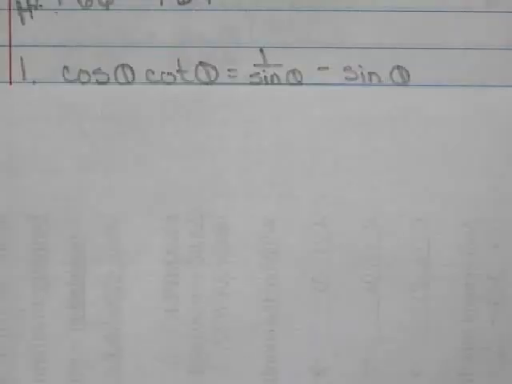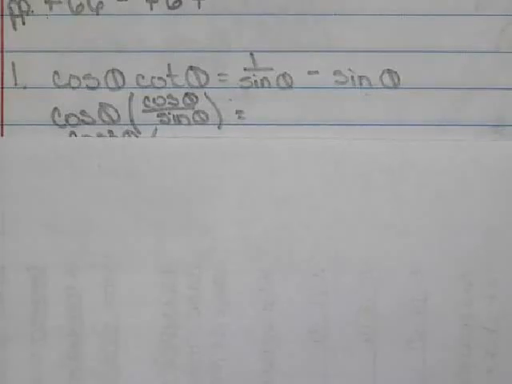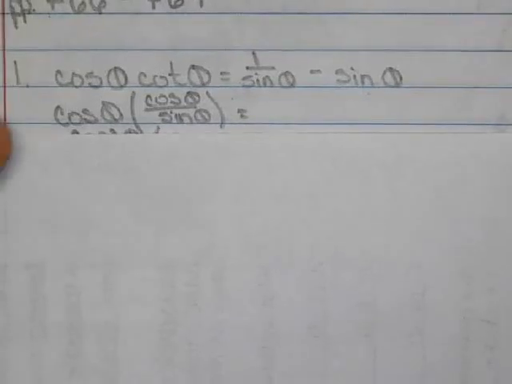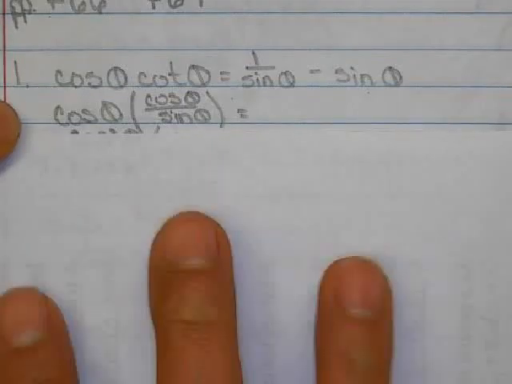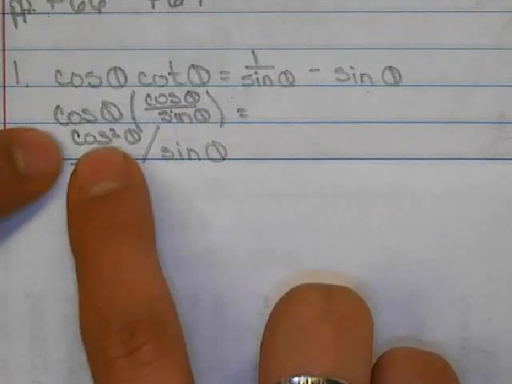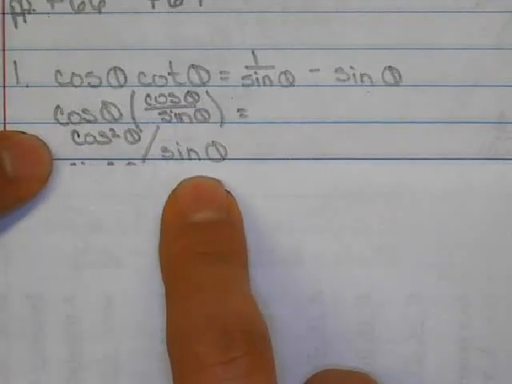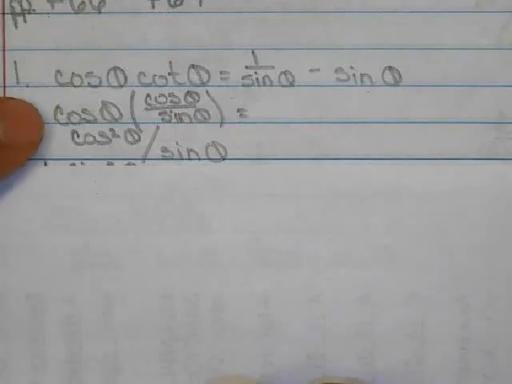So I'm going to rewrite that cotangent as cosine over sine and leave the cosine alone. After I do that, this cosine theta is being multiplied by the cosine over sine. So when I multiply fractions, cosine times cosine is cosine squared with the sine theta on the bottom. Just pretend that there's a 1 underneath this cosine here.